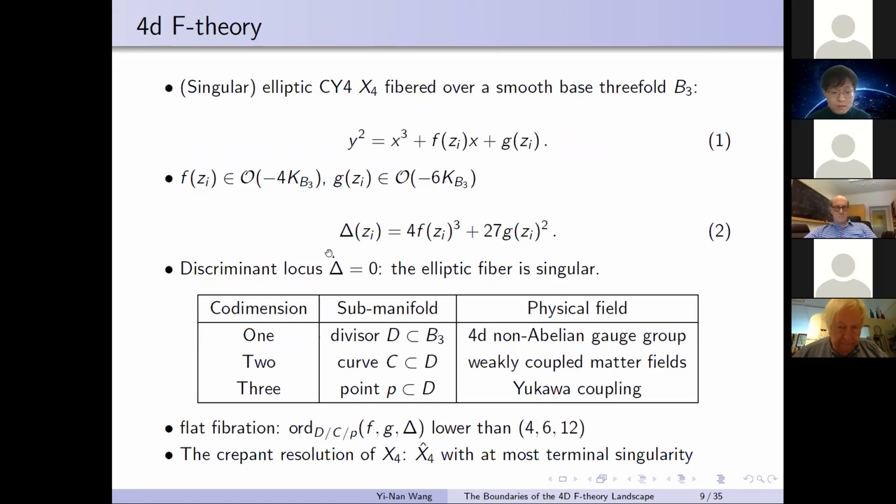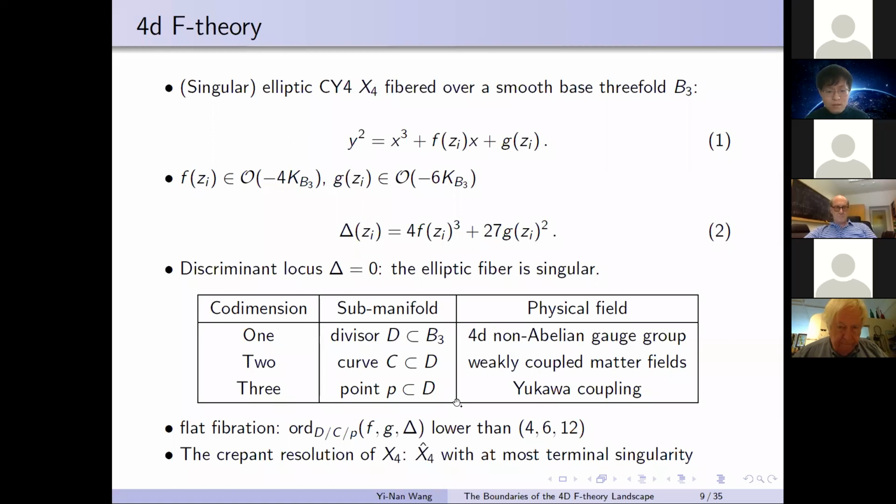Depending on the particular codimension of this locus, they could encode various different kinds of 4D physical fields. So for codimension 1, 2, or 3, there could be 4D non-abelian gauge groups, matter fields, or Yukawa coupling terms localized on this discriminant locus. Okay, so that's pretty well known.